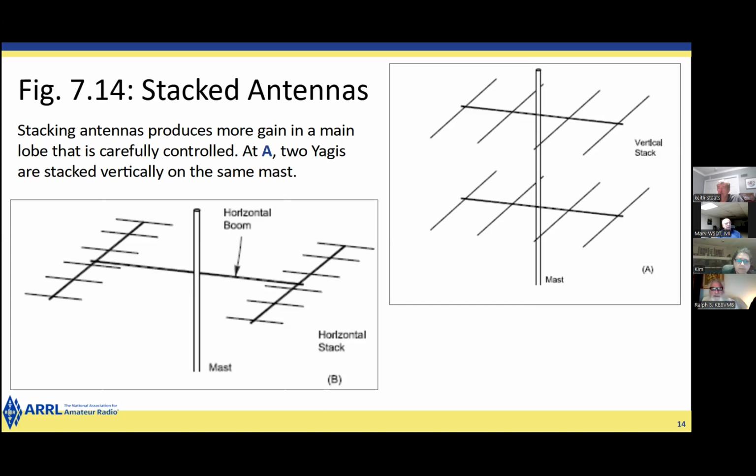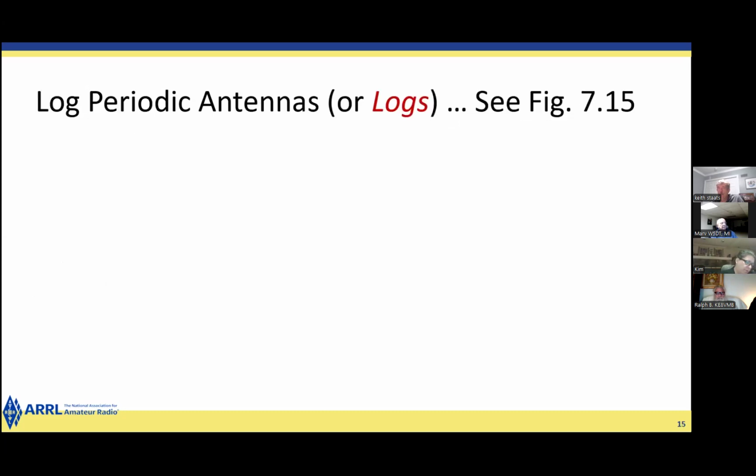Your coax cable that you run up the mast. I'm really not sure because I've never worked with stacked antennas. Okay, no big deal. Thank you. Yeah, you just try to keep them out of the way, a lot of times we run them perpendicular to the elements.